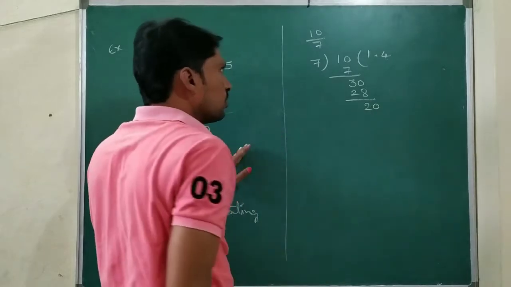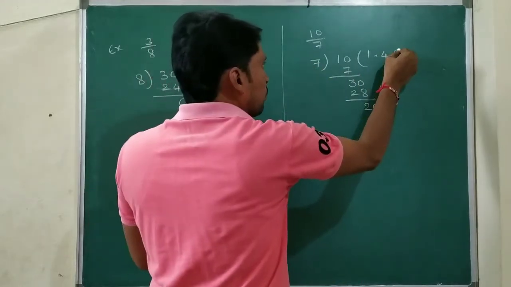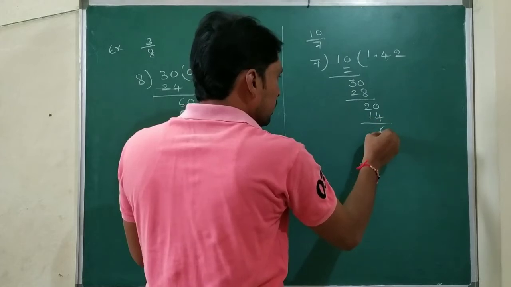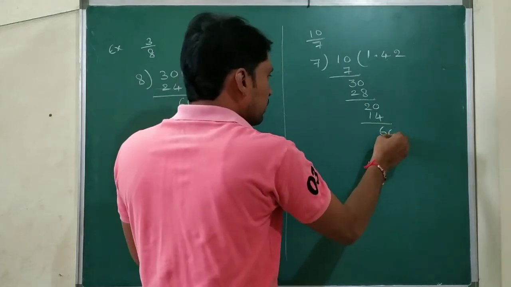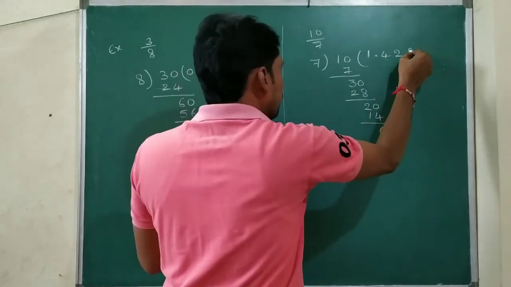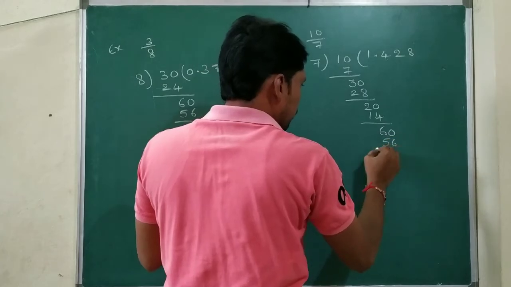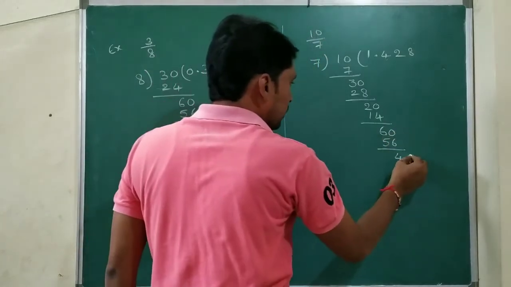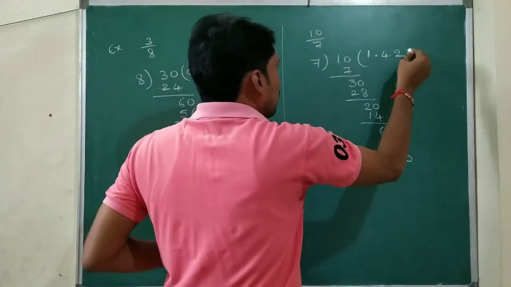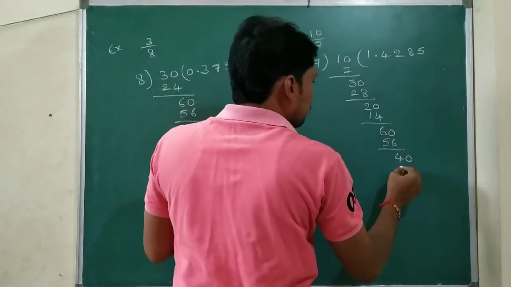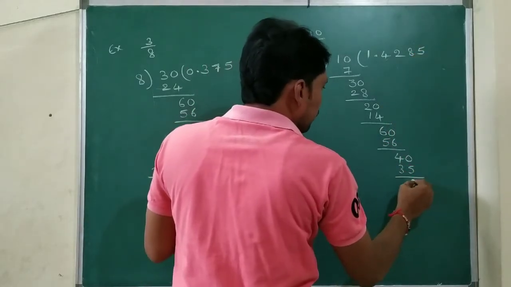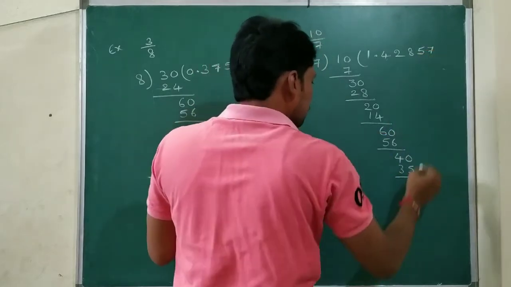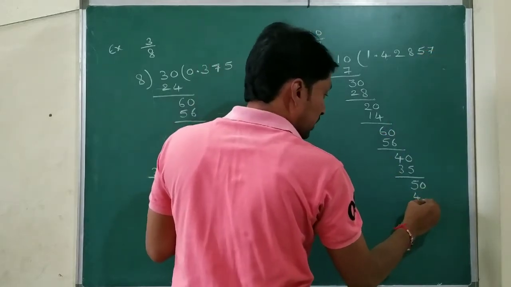You can take 0. 7 2s are 14, so we are getting 6, point means you can take 0. 7 8s are 56, so we are getting the remainder 4, again you can take 0. 7 5s are 35, so we are getting 5, 0, 7 7s are 49.